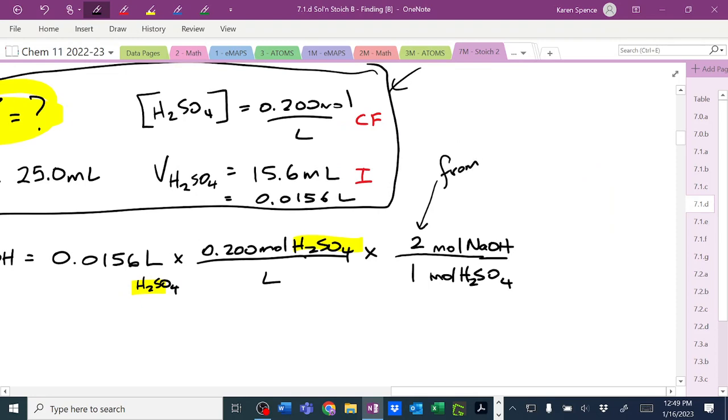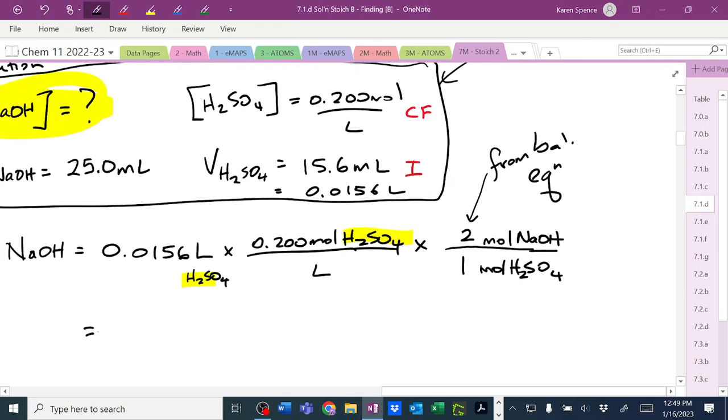This is from the balanced equation. And we get 0.0156 times 0.2 times 2 equals 6.24 times 10 to the negative 3 moles of NaOH.